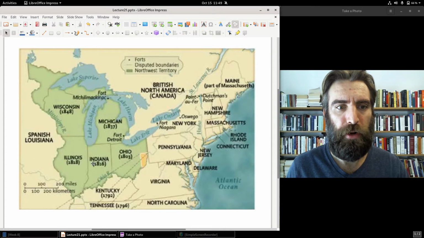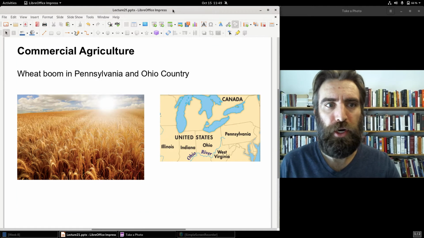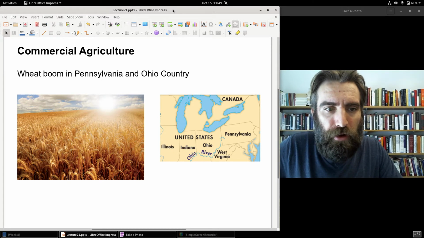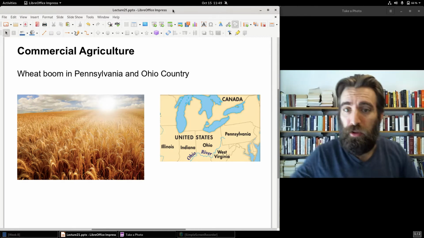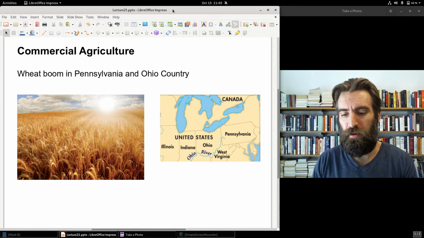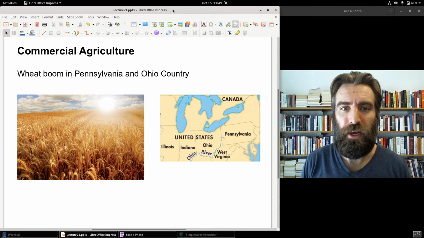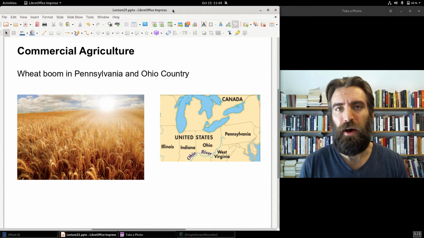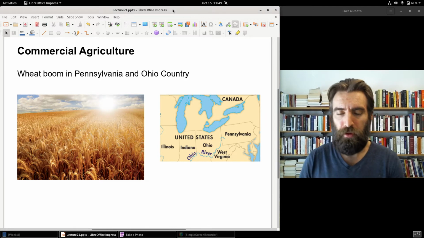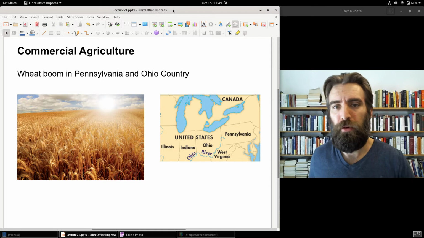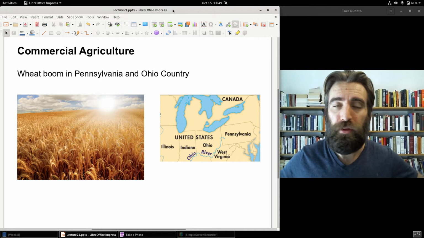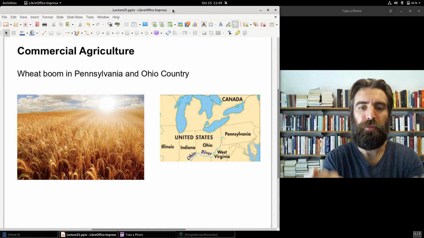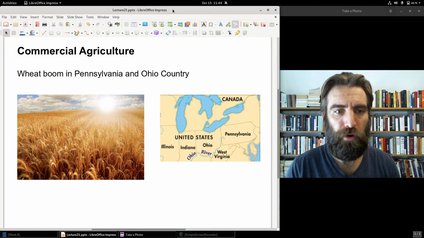There's Ohio country. In Ohio country, a wheat boom takes off, and there's a lot of money to be made in exporting wheat, not only to markets elsewhere in the United States, although that too, but also to Europe. Europe was just bogged down in warfare from the 1790s all the way up through 1815 with Napoleon and all the rest, and this led to a great demand in Europe for agricultural imports.